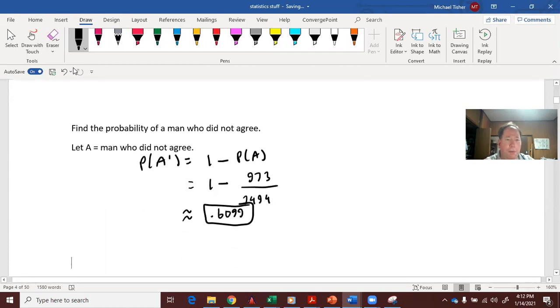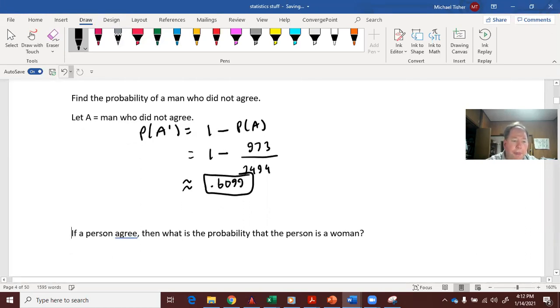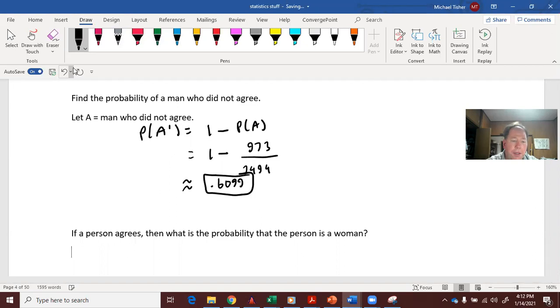Now let's do this next problem with the same table. Let's suppose that if a person agrees, then what is the probability that the person is a woman? This time, we're limiting who we're choosing from, to who agrees. In other words, we just want all those people who agree.